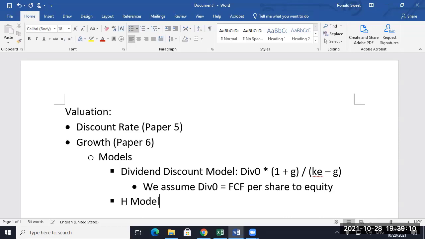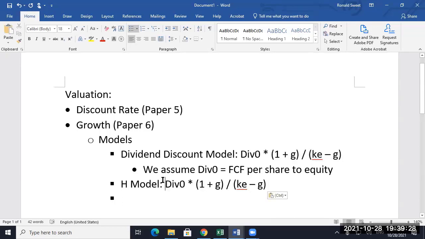What about the H model? Anybody remember that one? It's almost the same formula. Well, so we start with this formula, right? And what we're going to do with the H model, we're going to add a super growth period in there.